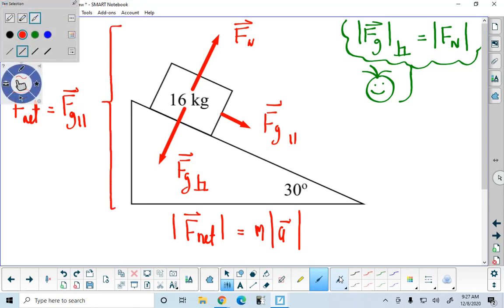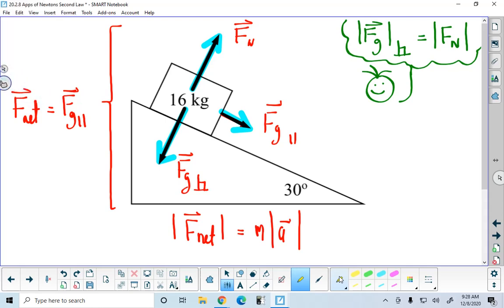So if I add this force, and this force, and this force, all I'm going to be left with is the force of gravity parallel, because when I add Fg perpendicular and Fn, they cancel. There's nothing left.